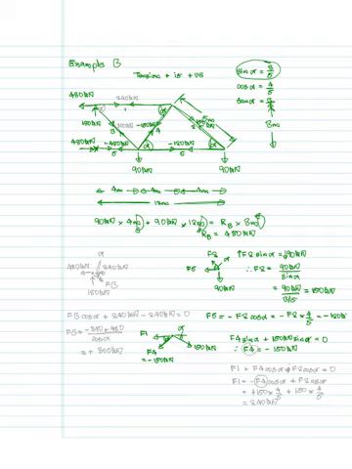Now the last place that we can interrogate is the joint up here. Actually, to get F1, let's forget about that. Let's do F1 plus F4 cosine alpha minus F2 cosine alpha, and that's going to be equal to 0.